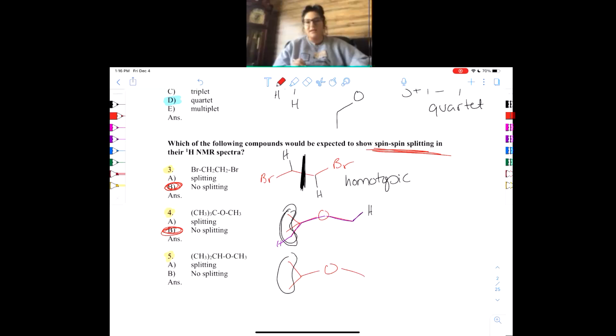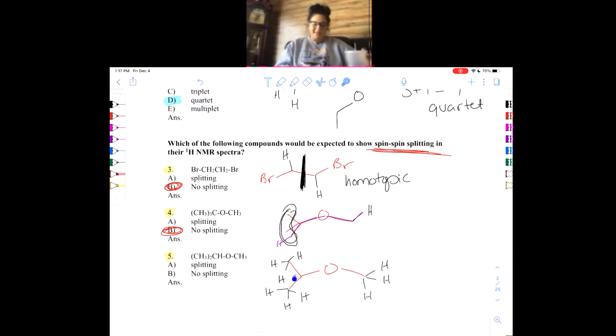Last but not least, for this one, we know that all 6 of these hydrogens are exactly the same. And we know that we have these 3 hydrogens over here. What's the difference between 4 and 5, though? Yes, we have a hydrogen here because this carbon is not fully substituted.